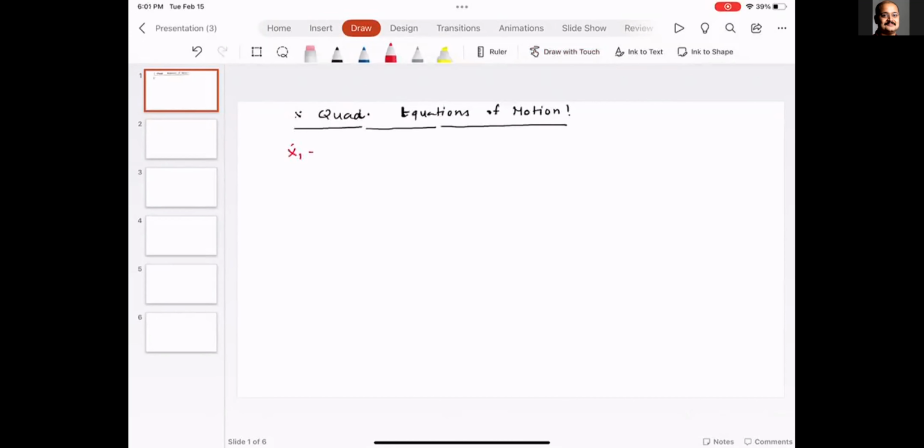So first equation is x1 dot is equal to x2. Second equation is x2 dot is equal to 0, 0, g plus 1 divided by m, then you have the rotation matrix, thrust in the body coordinate frame plus 1 divided by m drag force Fd.